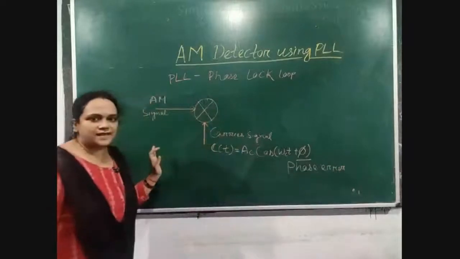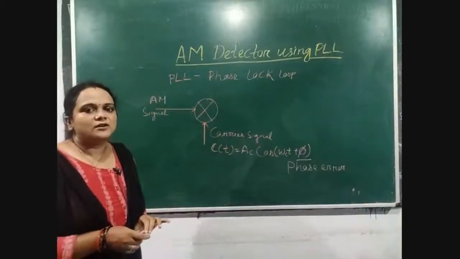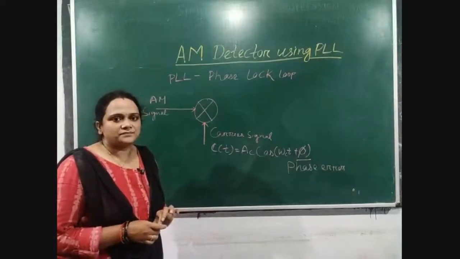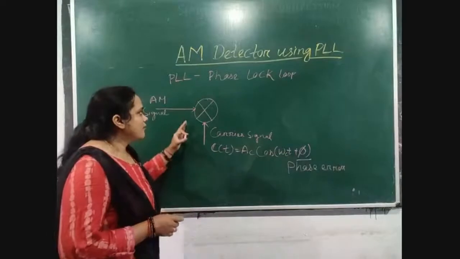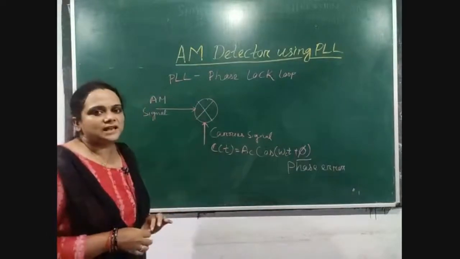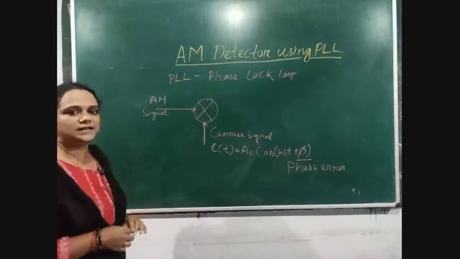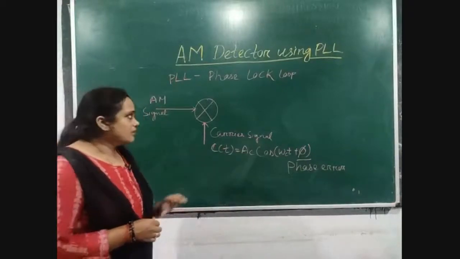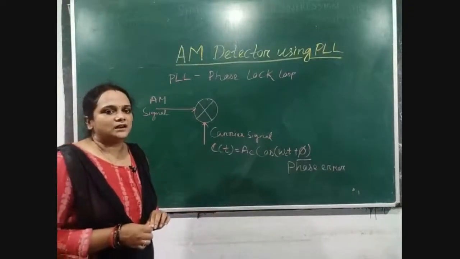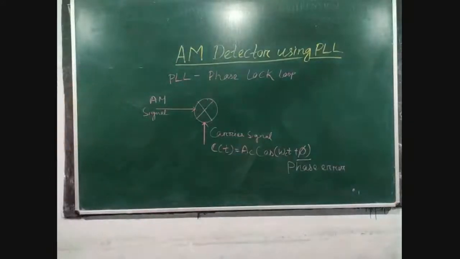Due to this phase error, at the output of the multiplier also we get this phase error signal. So in order to avoid this situation, we use a PLL. So PLL is used before the multiplier. So first we have to understand the operation of PLL. For that, first we draw the block diagram.